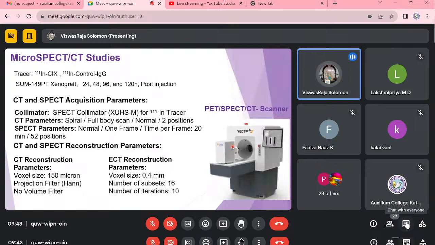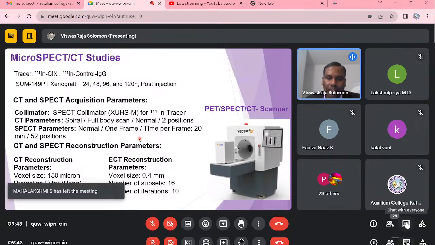That's why we injected slightly higher amounts of protein and activity than in the biodistribution studies. We adopted the same parameters for the image acquisition, and after the images are acquired, we do the reconstruction of these images. That's how we can visualize the mouse.